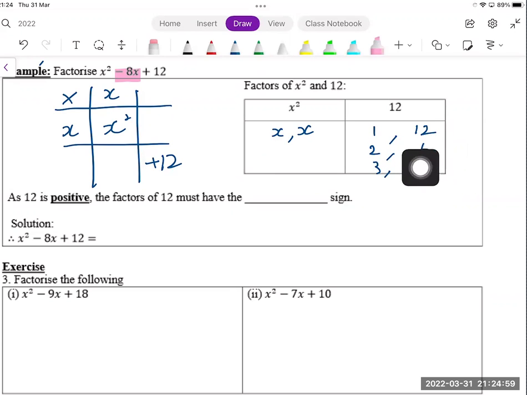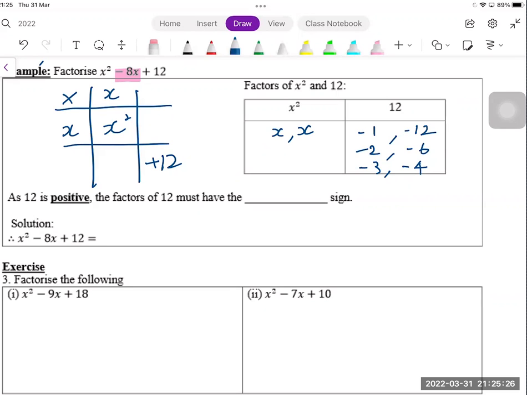You need to remember, when you have two negative numbers multiplied together, you get a positive number. Meaning 12 can also have factors negative 1 and negative 12. Negative 1 times negative 12 gives positive 12. Same, negative 2 times negative 6 gives positive 12, and negative 3 times negative 4 also gives positive 12.